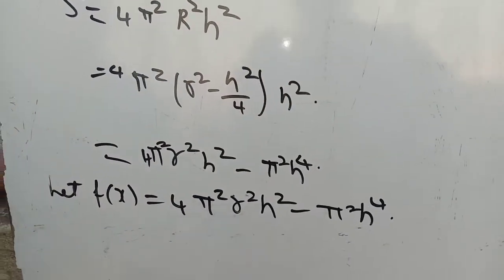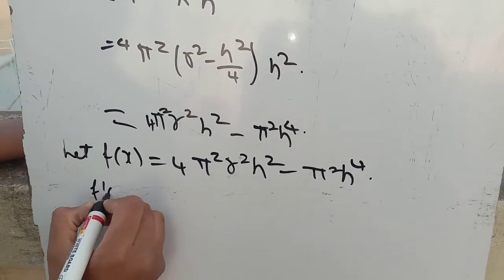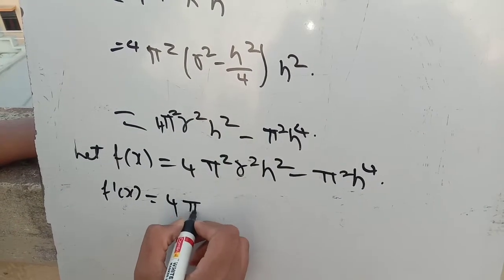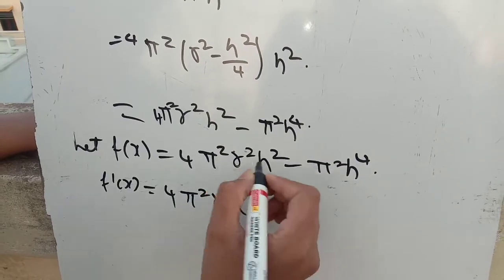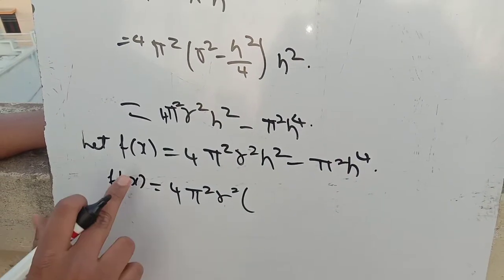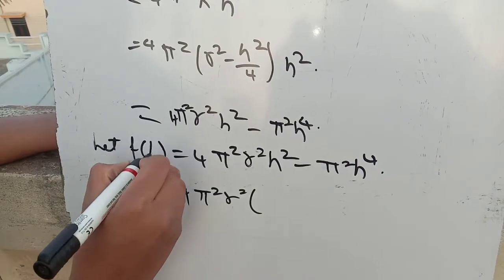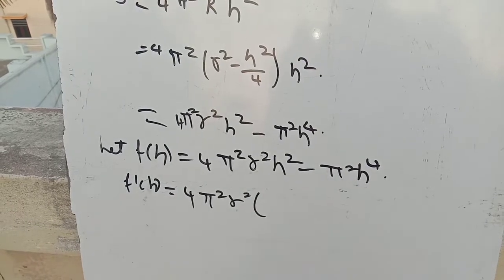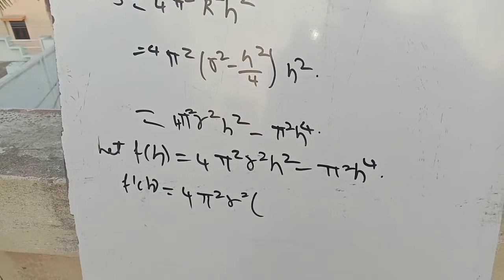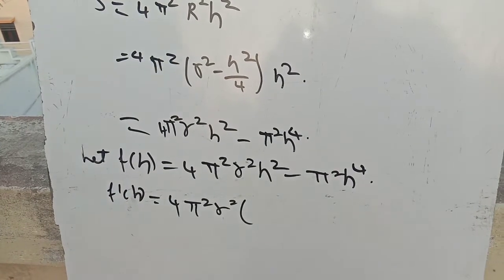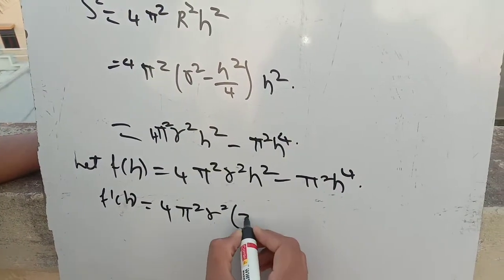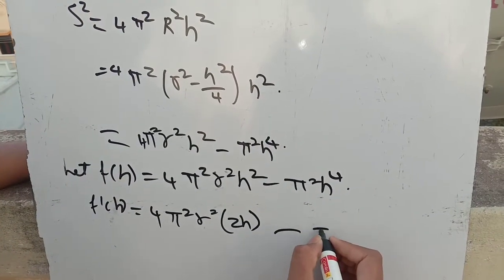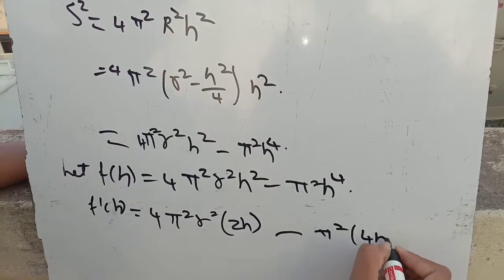Here 4 pi square r square is constant, and the function is in terms of h, so we write f of h and f dash of h, taking h as the variable. The derivative of h square is 2h, and the derivative of h power 4 is 4h cube.